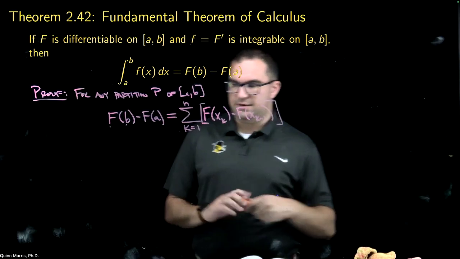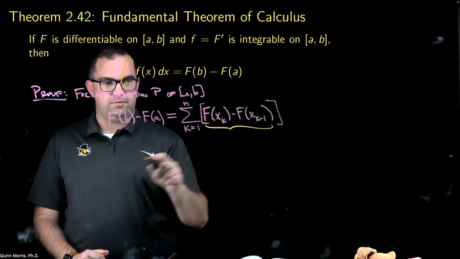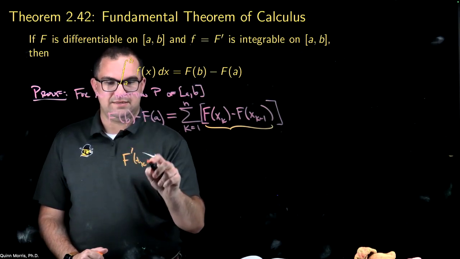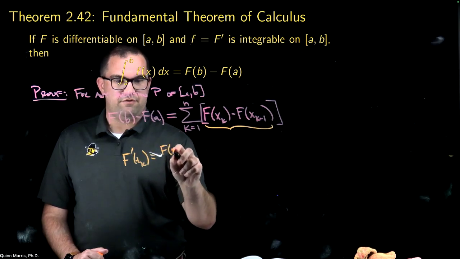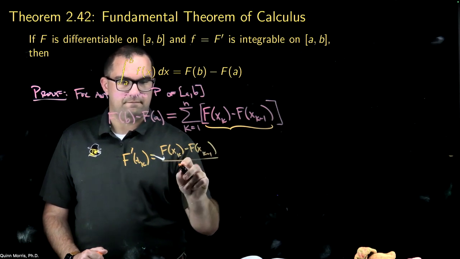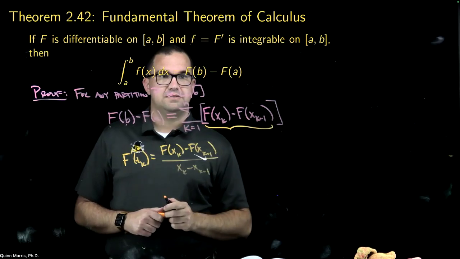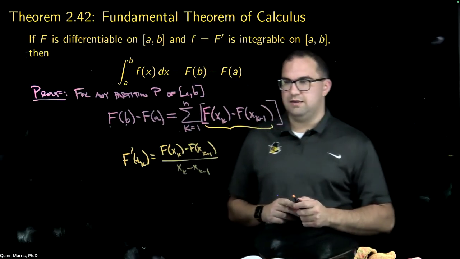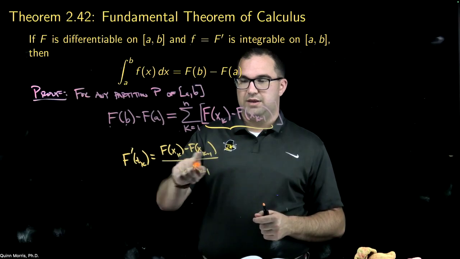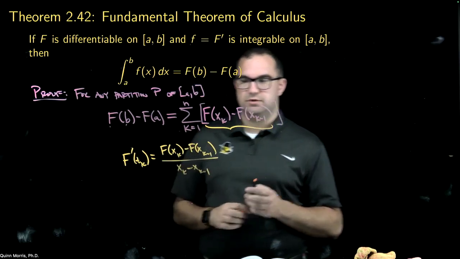If I look at this quantity and think about applying the mean value theorem to the function F on the interval from x_{k-1} to x_k, it would say there exists a t_k in between x_{k-1} and x_k so that F prime of t_k is equal to this difference quotient.